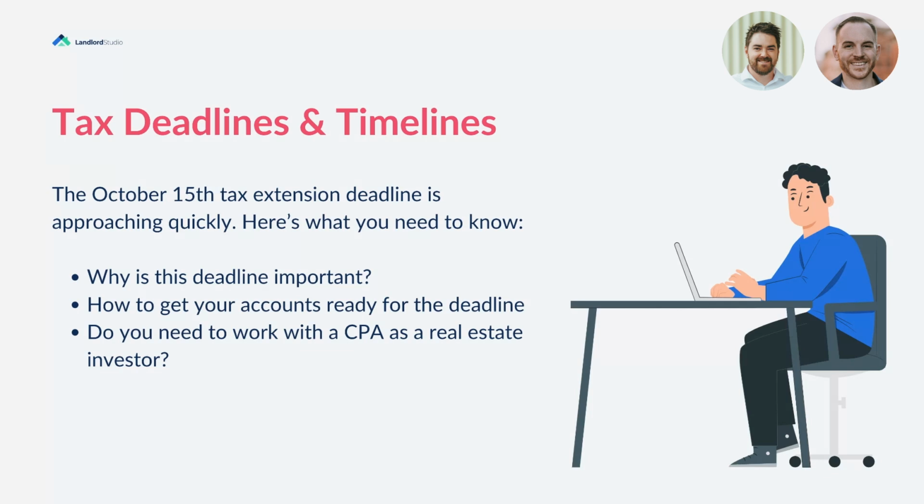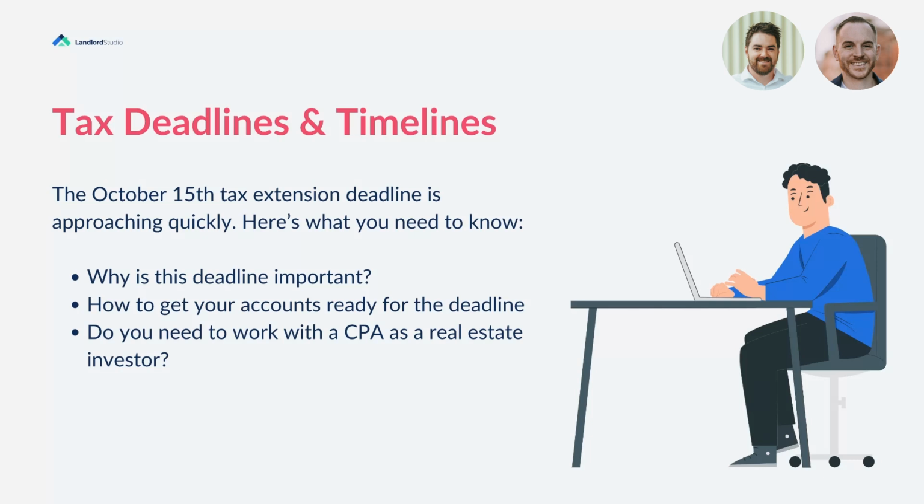If you've not already filed your tax return and you're doing it yourself, you're going to want to make sure you get that all tightened up and filed by October 15th. And if you're working with a tax professional, make sure they have everything in order to file on or before the 15th. At this point, you should already have all your documents in to your CPA.